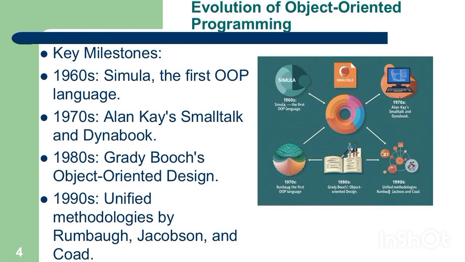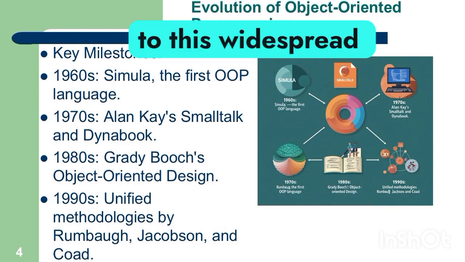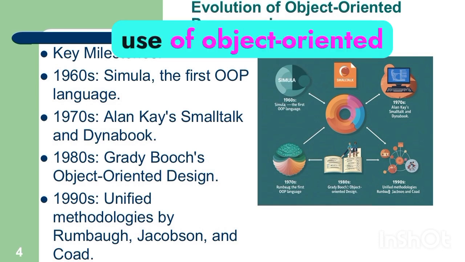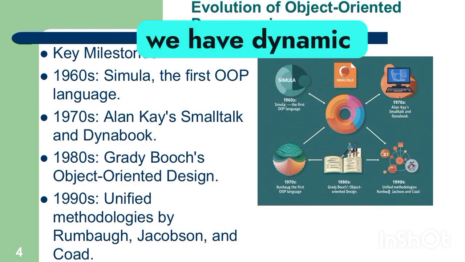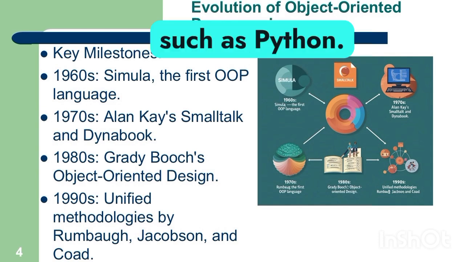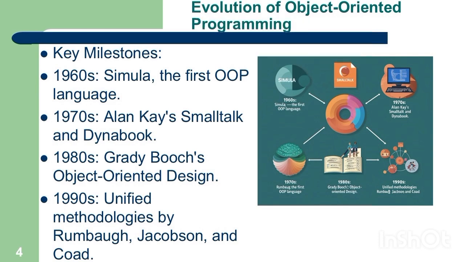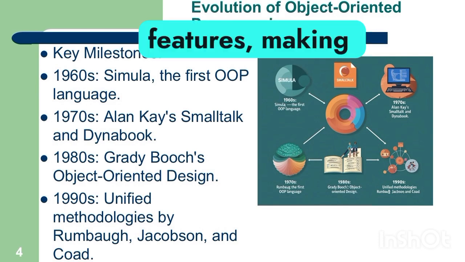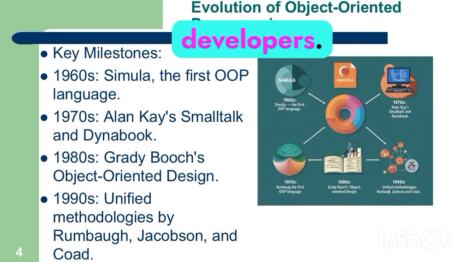Java's platform independence and robust libraries contributed to this widespread use of object-oriented programming. In the 2000s and beyond, we have dynamic languages such as Ruby and Python. They all came together and embraced these object-oriented features, making object-oriented programming more accessible to all developers.